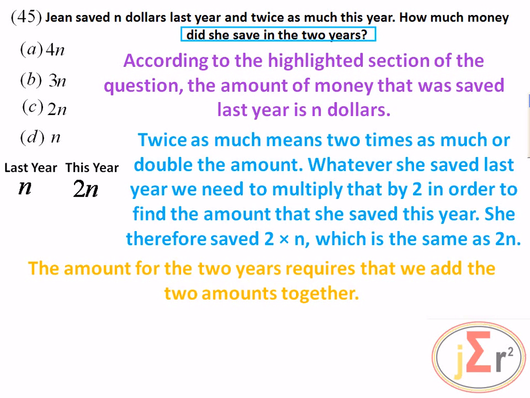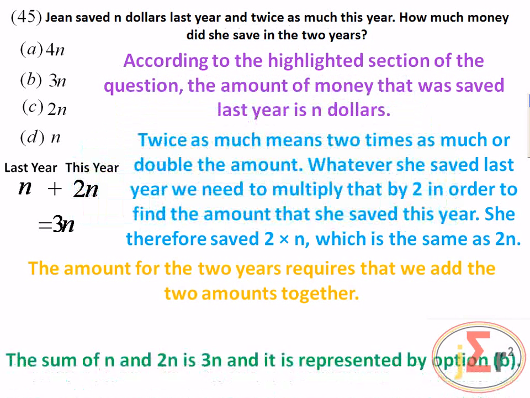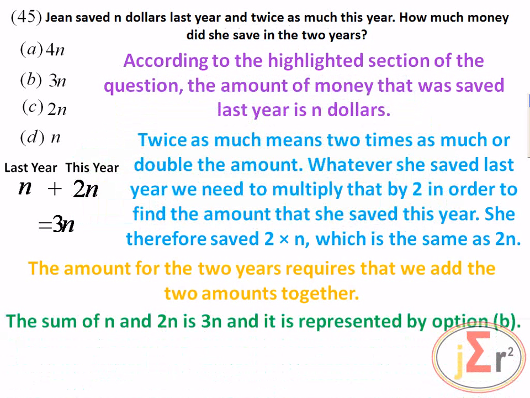So we need to put those together. Putting those together, we will add them. If we add n and 2n, the result is 3n. n plus 2n, 3n. The sum of n and 2n is 3n, and it is represented by option B.